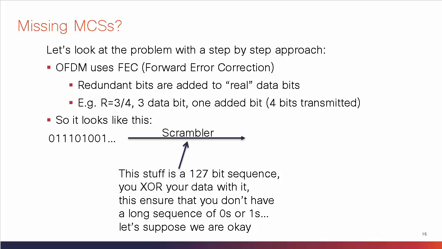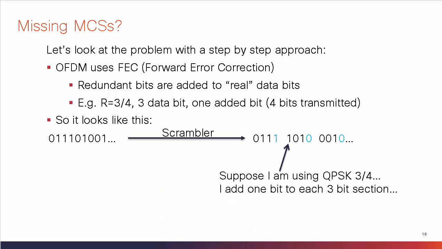So we don't like to have too many zeros and ones one behind the other. The scrambler is just a mathematical equation applied to those series of zeros and ones to make sure the result is not too many zeros or too many ones in a row. It's called an XOR operation, where if you have too many zeros, one of them will become a 1, and if you have too many ones, one will become 0. No big deal. You take your data and send it through the scrambler. No influence on the MCS issue, but it's there.